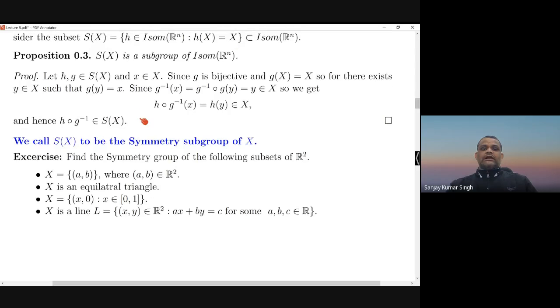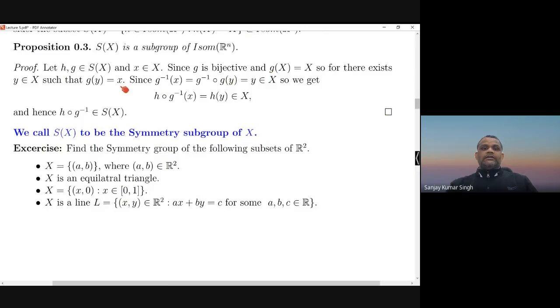So how to check? Let x be any element in capital X. Since G is a bijective map, for x there exists a y in capital X such that G(y) is equal to x. And G inverse of x is equal to G inverse composed with G(y), that is equal to y.